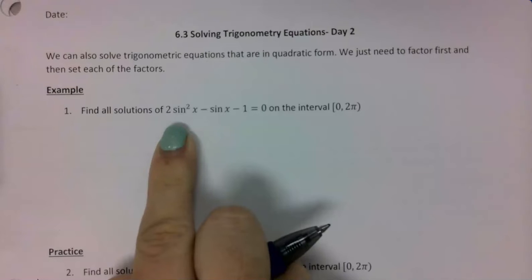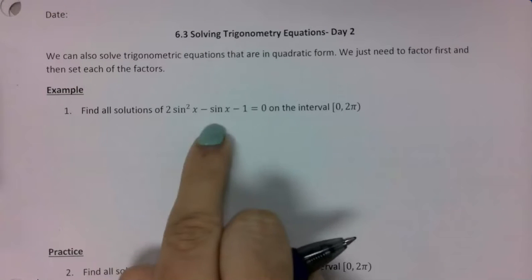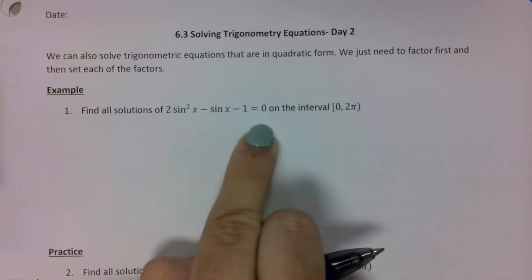So this one wants me to find all the solutions of 2 sine squared x minus sine x minus 1 equals 0. So remember, this is kind of like if I had a normal quadratic, like this.